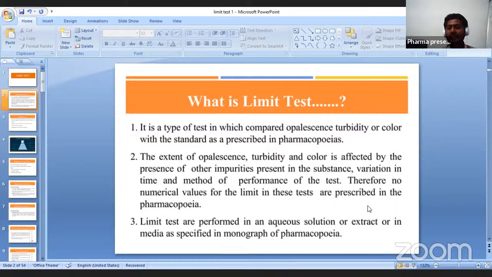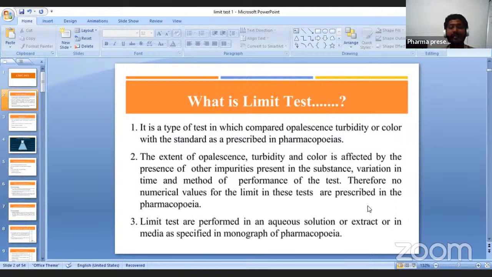Why? Because these limit tests are not totally specified. Here we check a known specified procedure with an unknown test sample. That is why they are called semi-quantitative, because we are taking a standard with an unknown concentration sample.